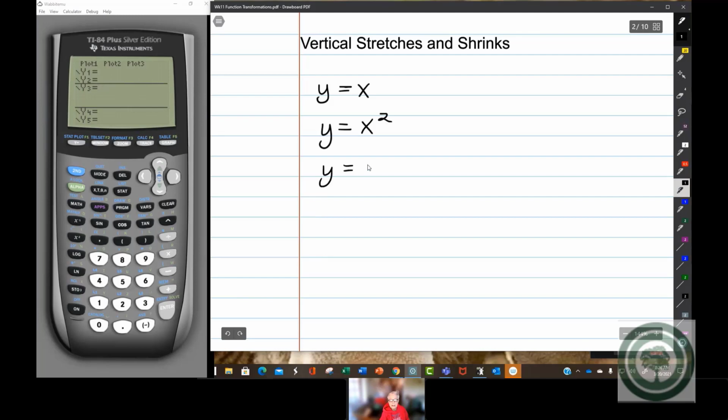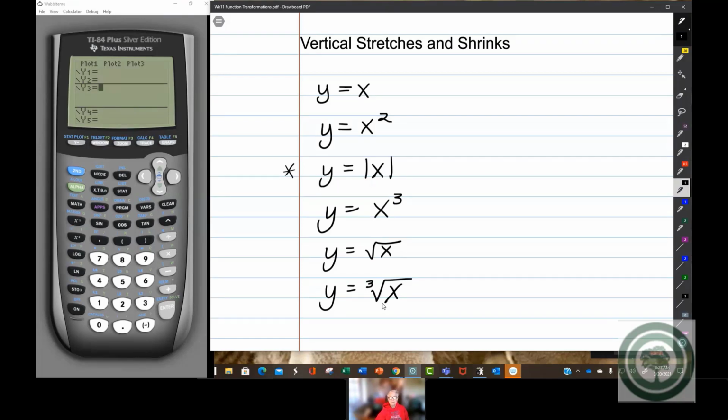Y equals the absolute value of X. And we need to spend more time here so you can learn where that is also. Y equals X to the third. I'm going out of order from that sheet, but I'm kind of going by memory here. Y equals the square root of X, and Y equals the cube root of X.